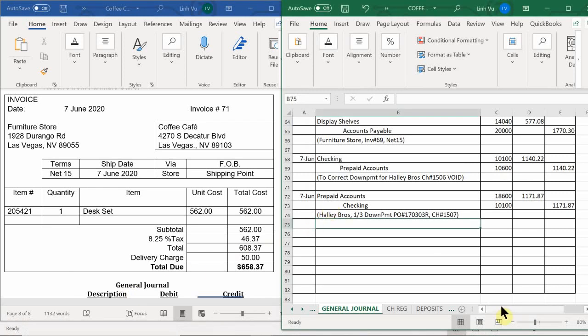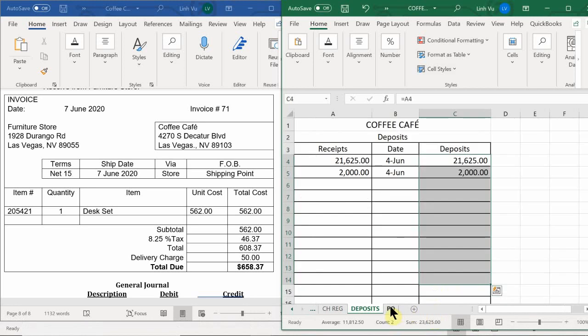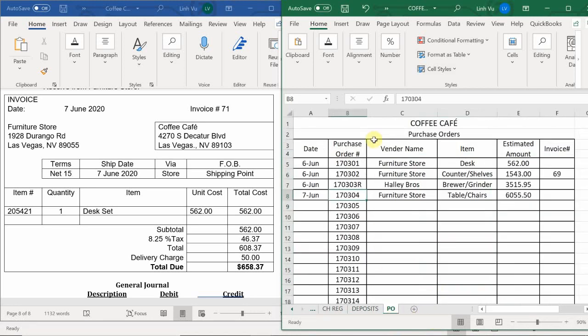Why is that? Because we had a purchase order, right? We ordered it. Yes. So let's do that first so we can verify that we received something, right? Which purchase order did we actually receive a desk set for? The very first one for $562. Right?